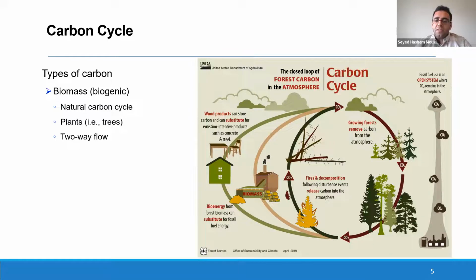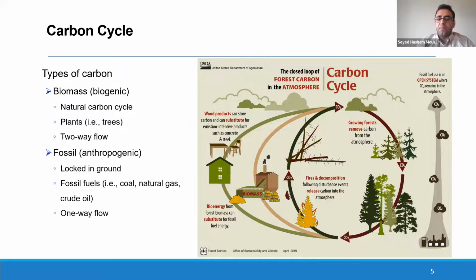But sometimes we are using fossil carbon, for example, for transportation fuel and other energy sources. Fossil carbon is locked in the ground, and it can be used in different types, for example, solid, such as coal, natural gas, or crude oil.